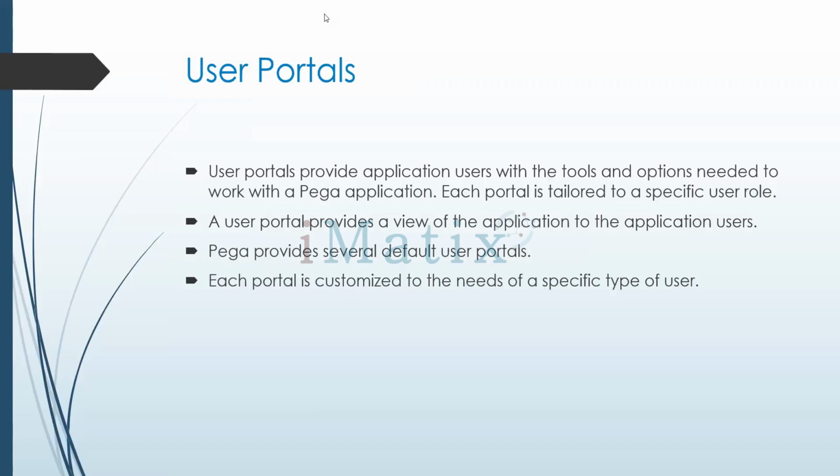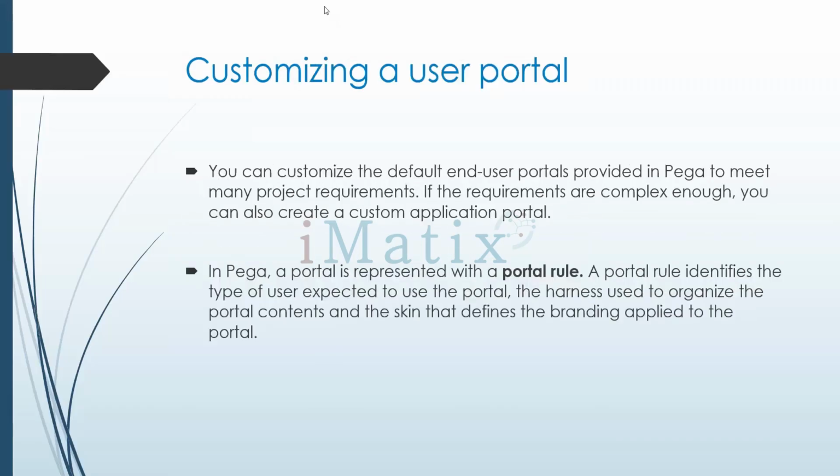As we know, everything in Pega is considered a rule. The first thing you will be talking about is the portal rule here. Let's look into a bit of the hierarchy, as in if you want to create a portal, what else you have to create as well. We will directly look into that hierarchy once.